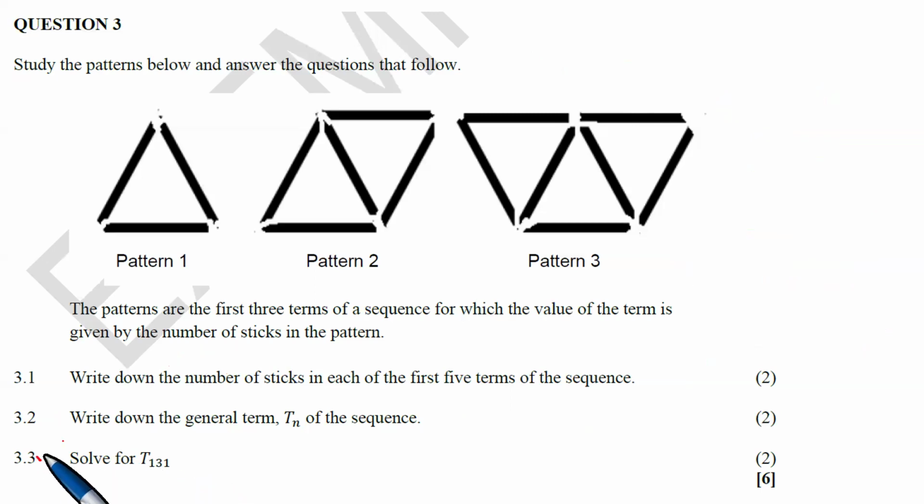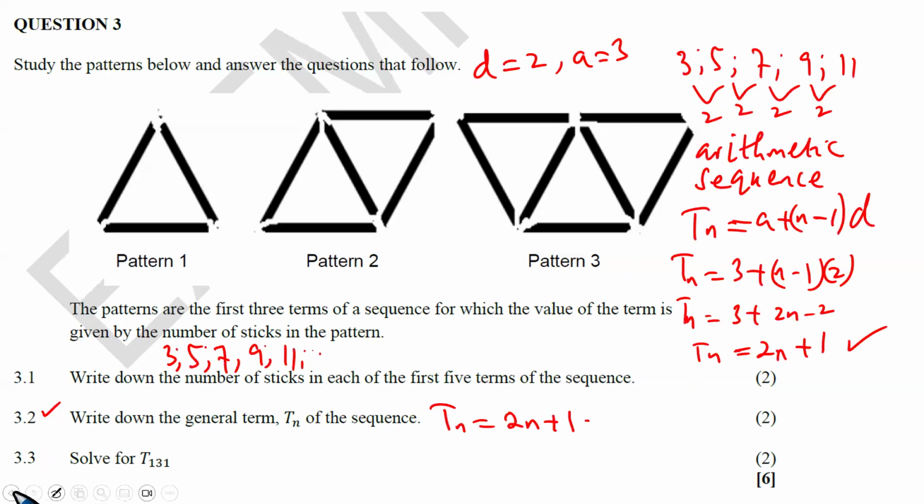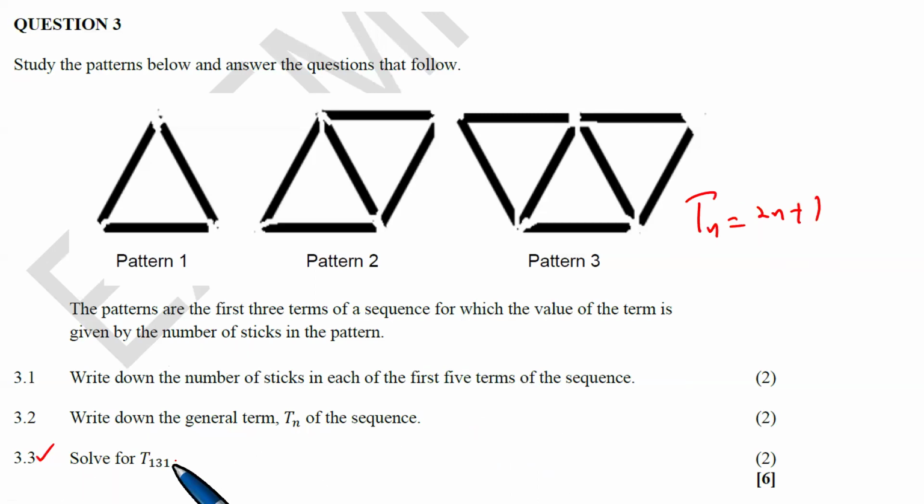Next point. If you need to solve for T131, you already know that Tn equals 2n plus 1. So they're saying find T131. It means therefore that n here is 131.